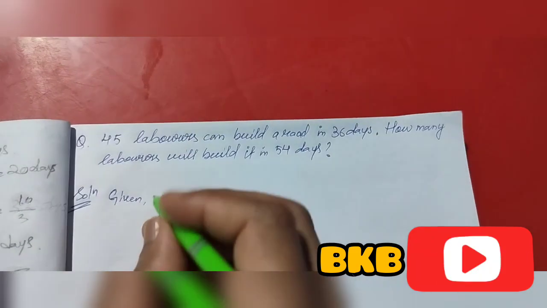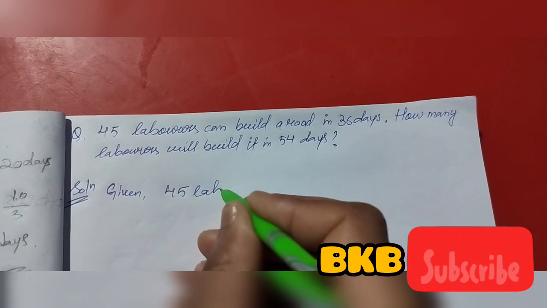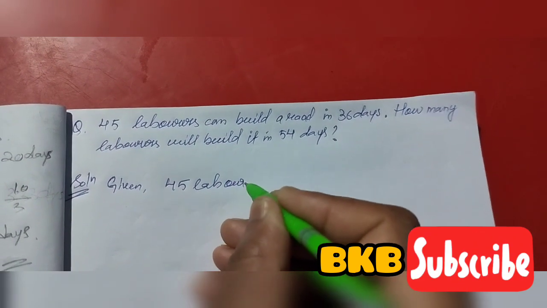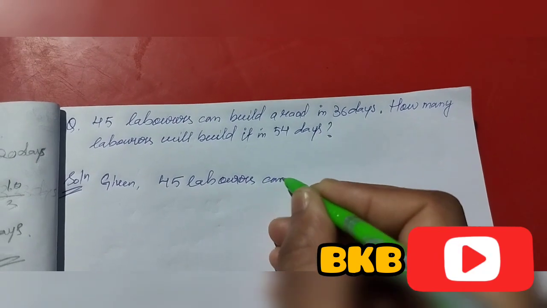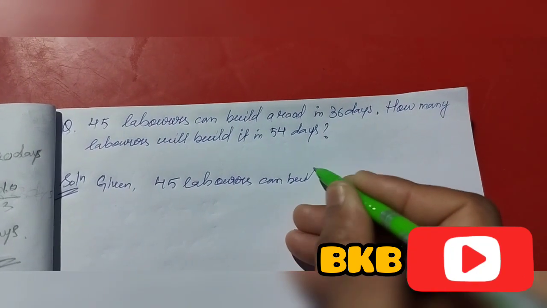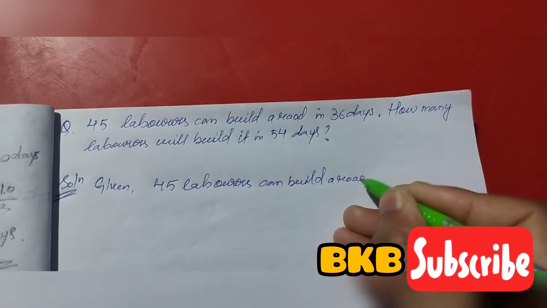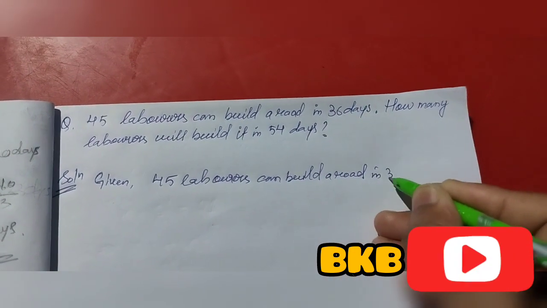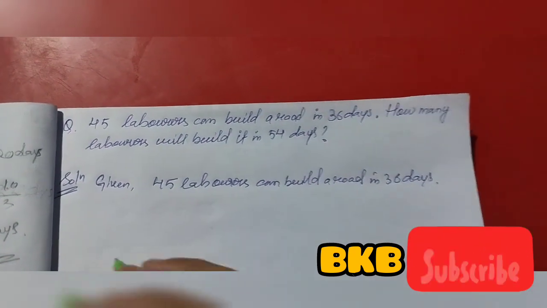Given 45 laborers build a road in 36 days.